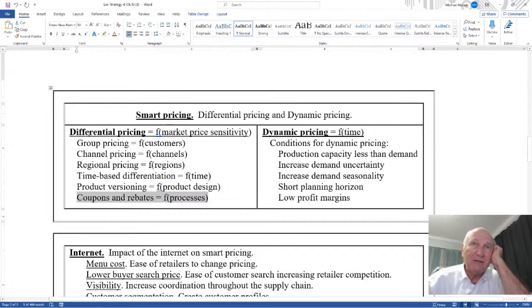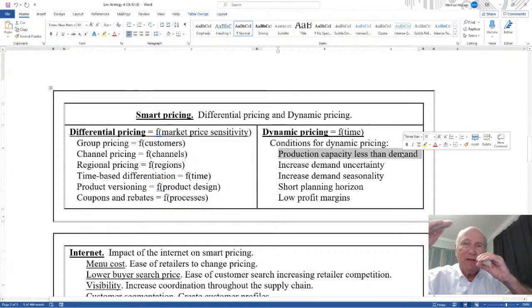Now the dynamic price, this is differential pricing due to market sensitivity. The dynamic pricing here within the supply chain is specifically over time. Conditions to change the price over time. Well, when the production capacity is less than the demand, that's going to change the pricing.